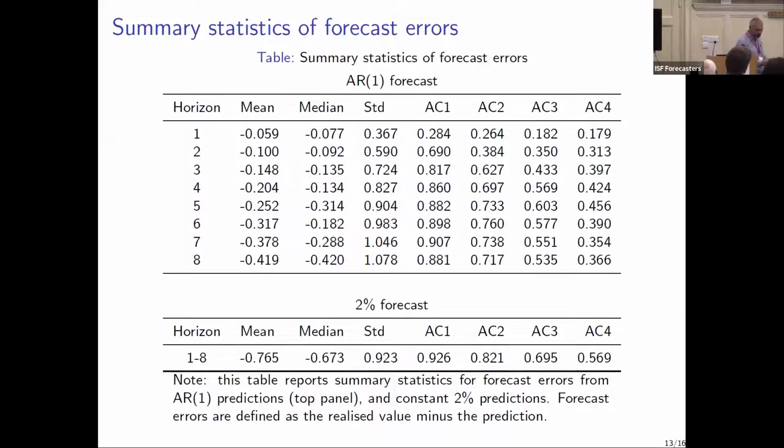So back to my empirical application, I presented the autoregression of order 1. It has a very low average forecast error, not much dependence, but my 2% forecast benchmark, on the other hand, very bad forecast, but also big dependence.